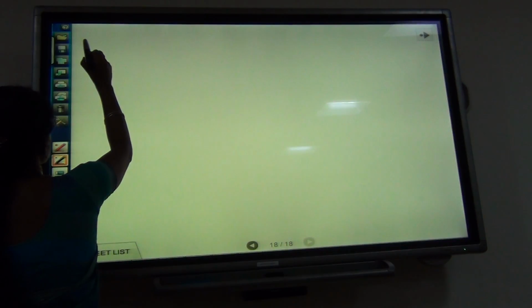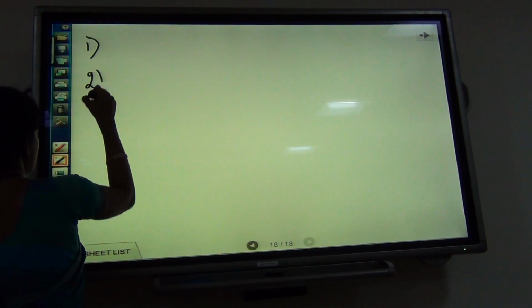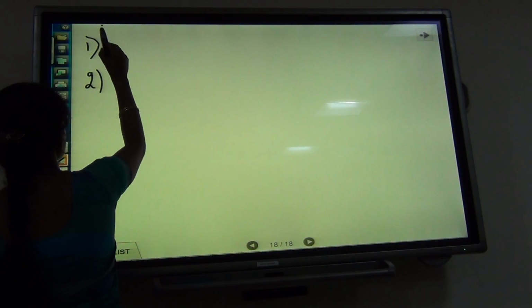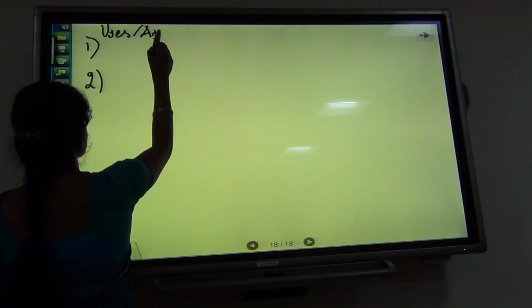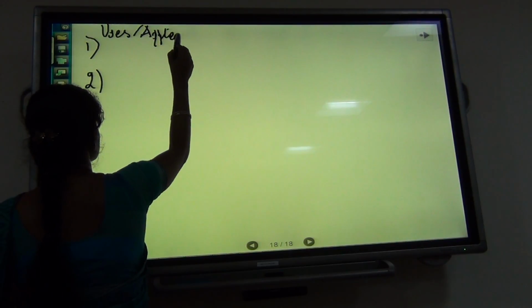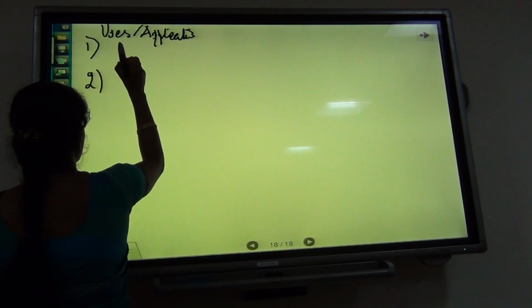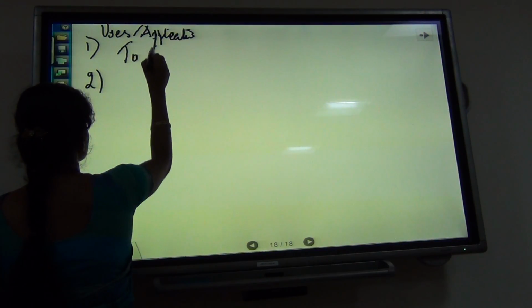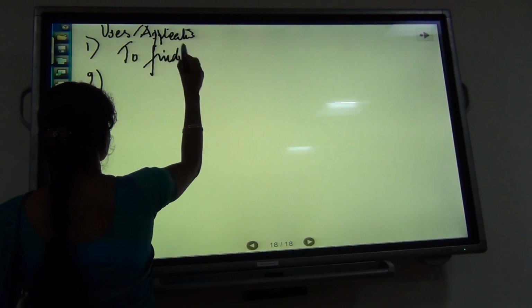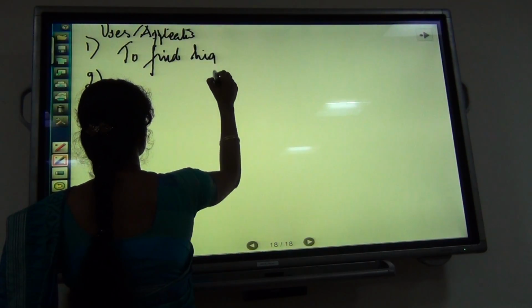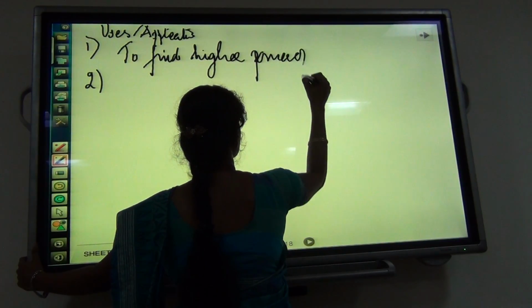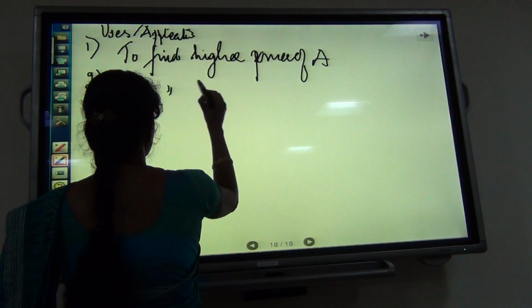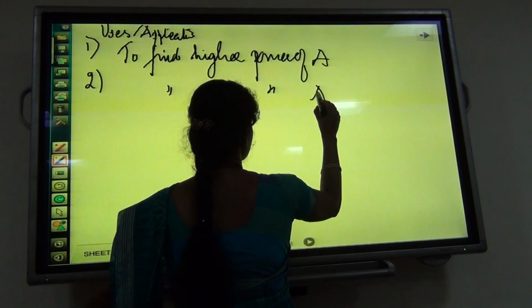And what are the major applications of the Cayley-Hamilton theorem? There are two applications, or we call these uses or applications. One is to find higher powers of A. The other is to find A inverse.